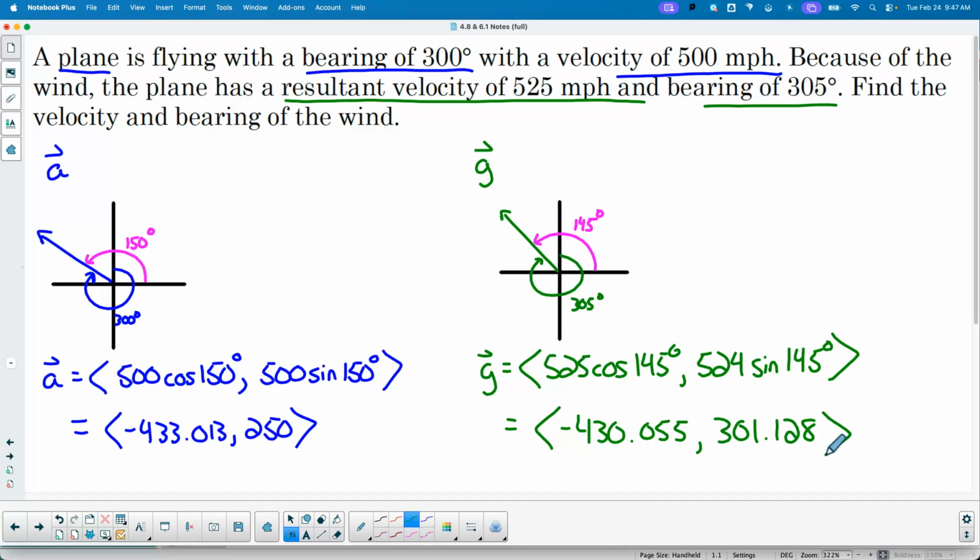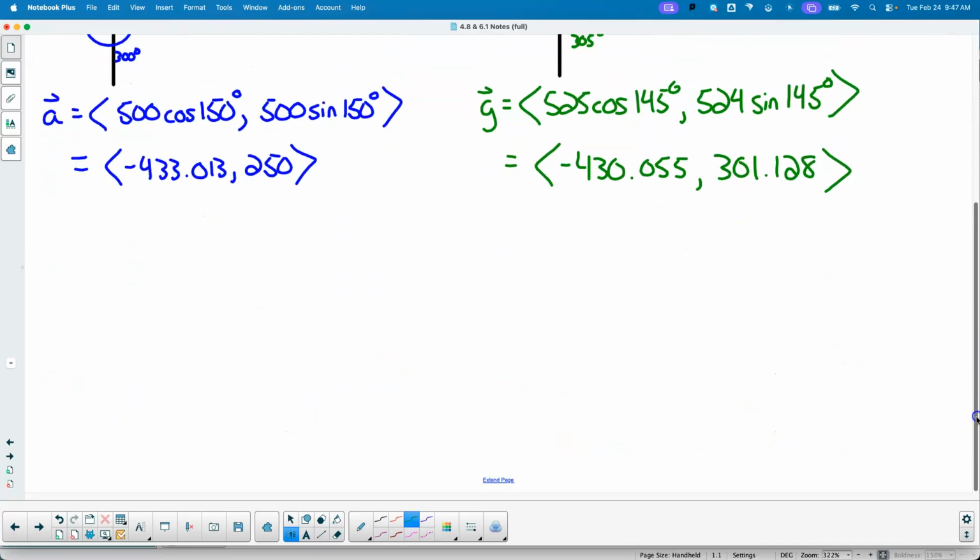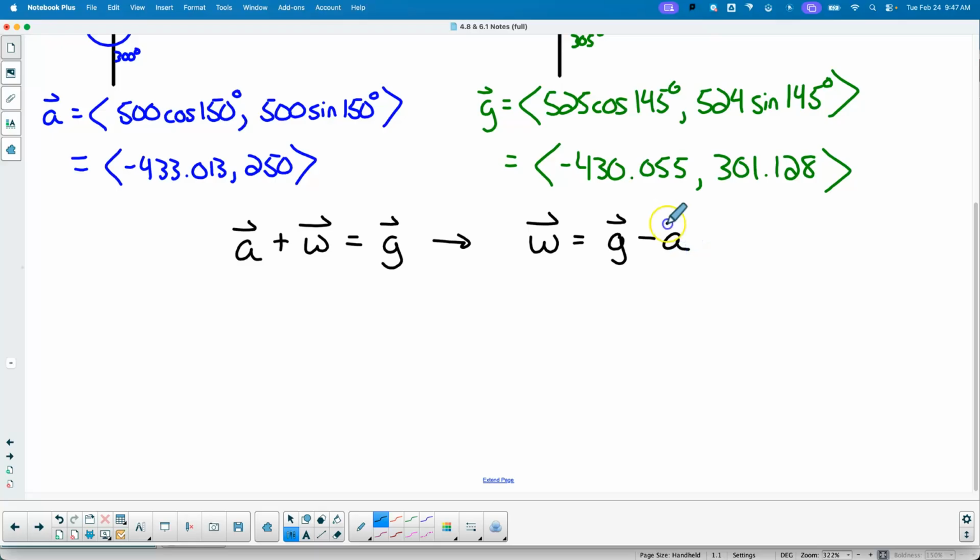Okay. A plus W is equal to G, which means that W would be equal to G minus A. So I'm going to subtract the A value from the G value.